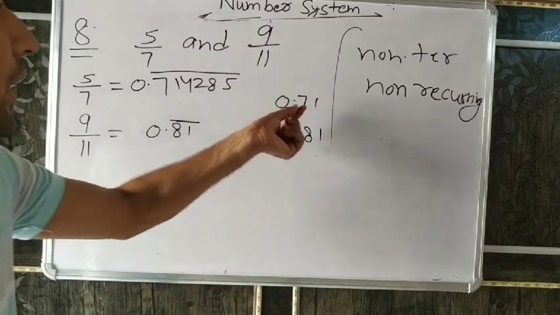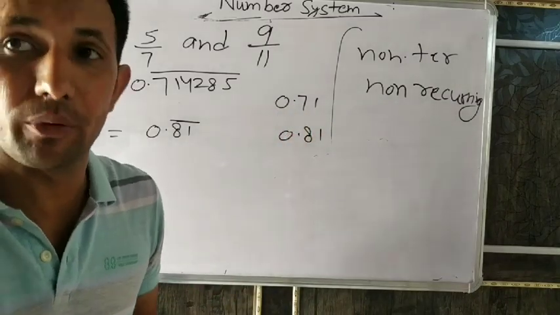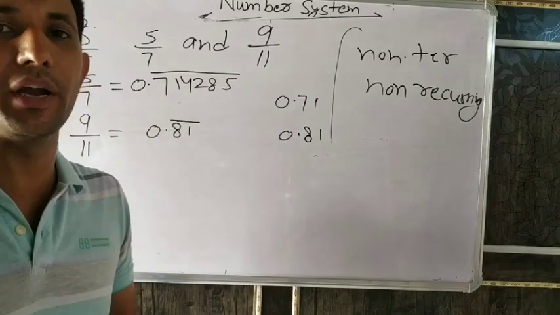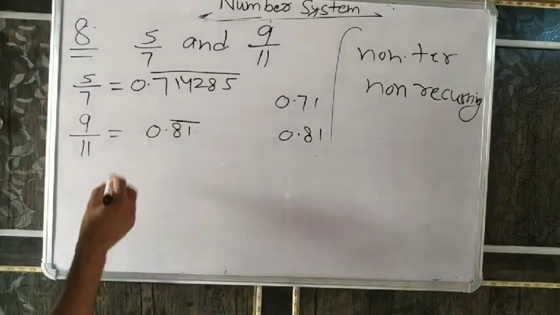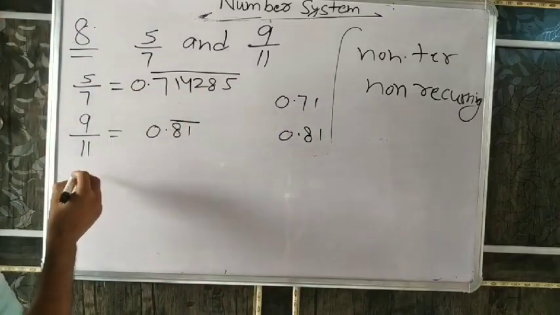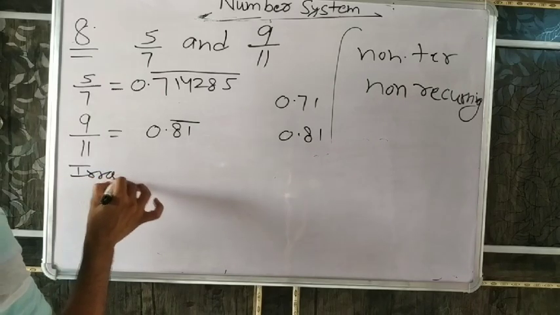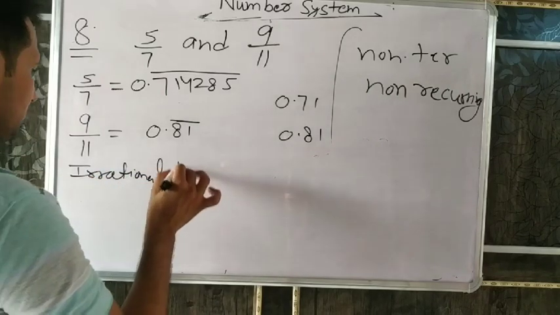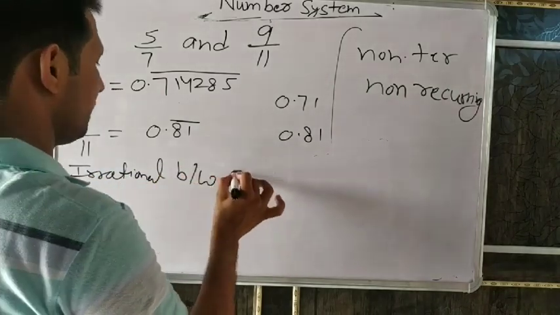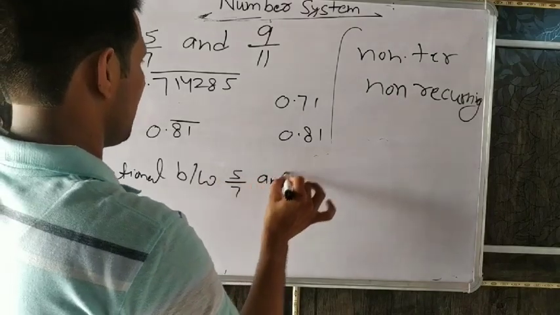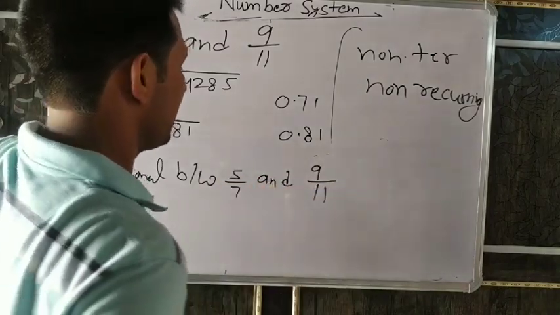How many numbers between? 0.72, 0.73, 0.74, many. Otherwise you can write irrational numbers between 5 by 7 and 9 by 11.